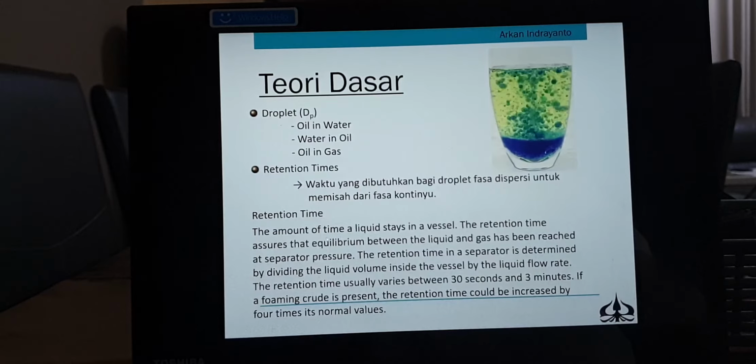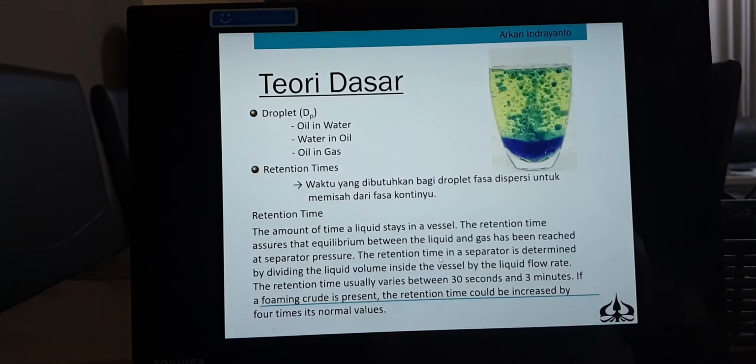The retention time assures that equilibrium between the liquid and gas has been reached at separator pressure. So this is the separation between liquid and gas, and this is the retention time of the droplet of the dispersed phase in the continuous fluid.